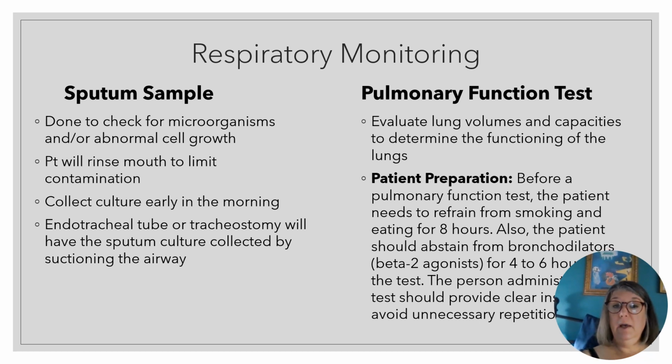Also, we could bump the O2 if our person is on a trach collar. You can use an ambu bag to give them a few pumps of just pure oxygen, right? Our oxygen's at 100%. So there's a couple ways you could hyperoxygenate. If your person's doing fine, you may not even need to hyperoxygenate. It depends on your person.